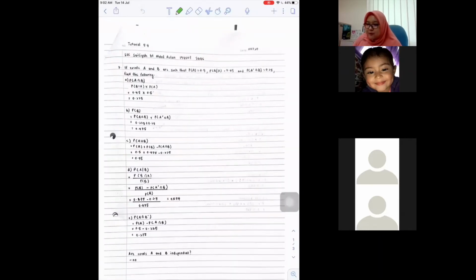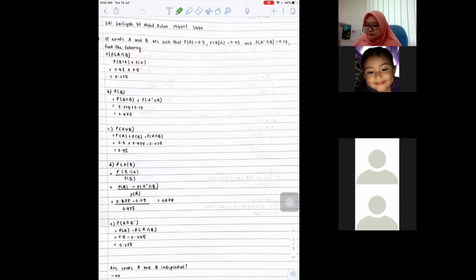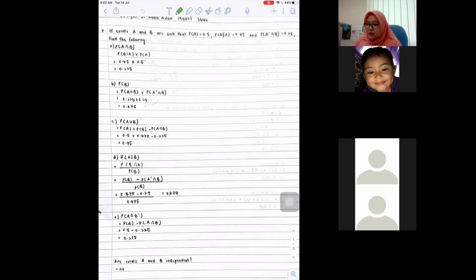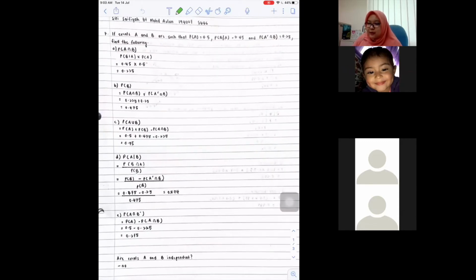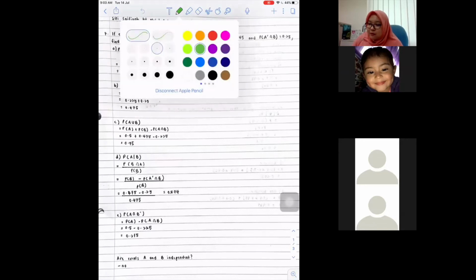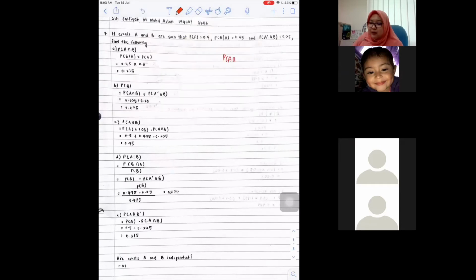Okay, this is from Siti Safia. This is conditional probability. So let me revise with you. P(A|B) is just P(A intersect B) over P(B). Okay, this is the formula for conditional probability.